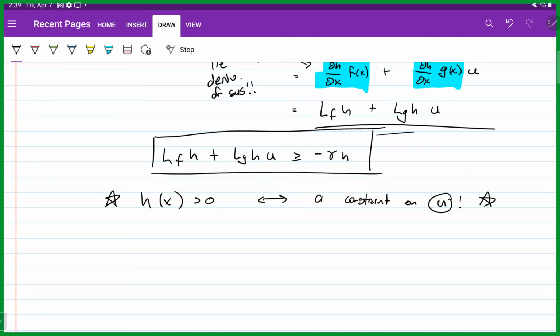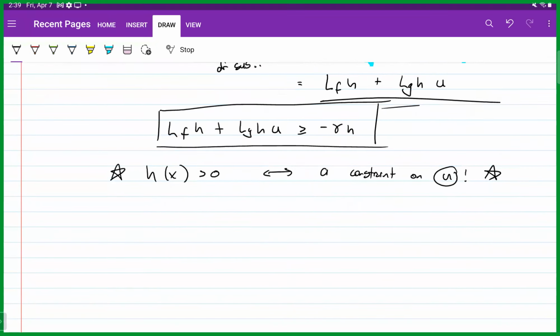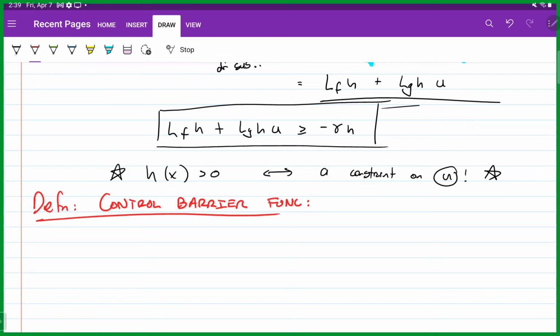So do we have any questions about how we got to this point? Seem good? Great. All right, so with this definition under our belt, we could actually formally define what a control barrier function is. So definition, control barrier function. All right.